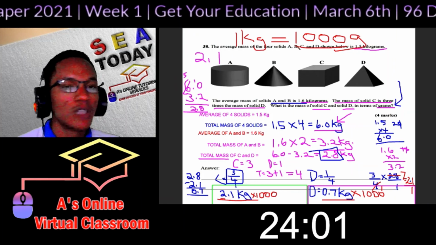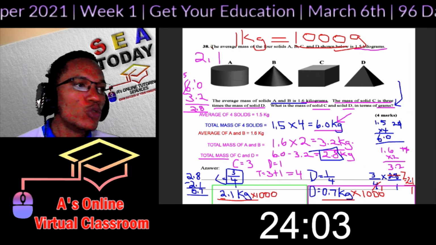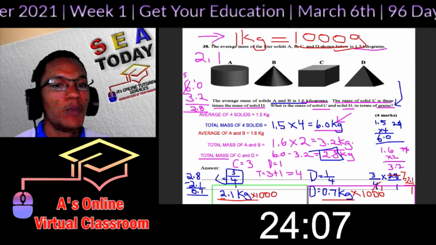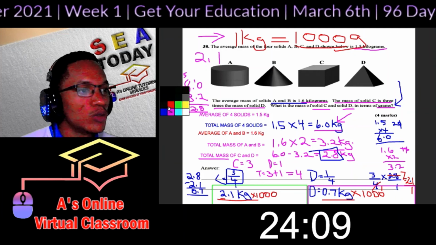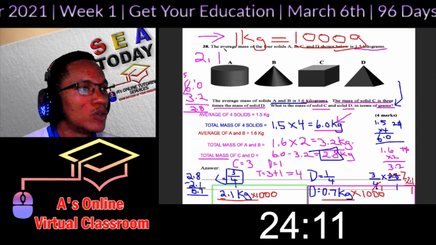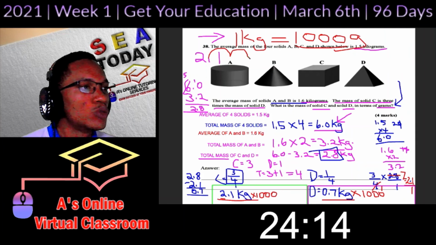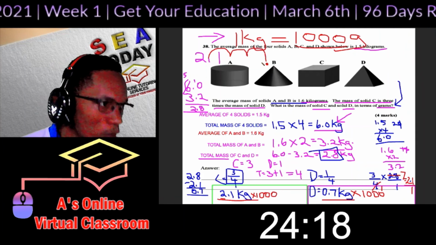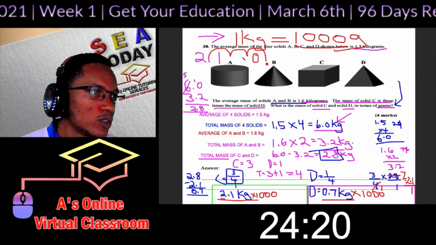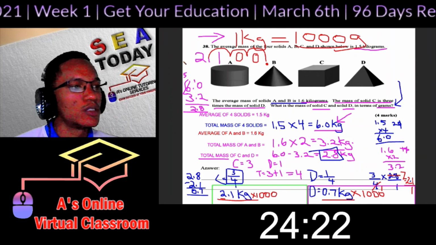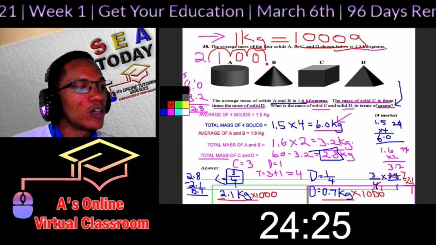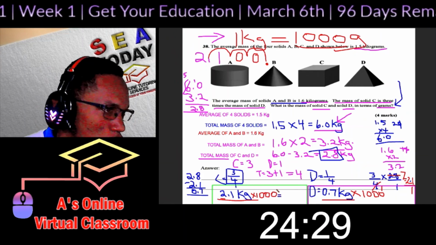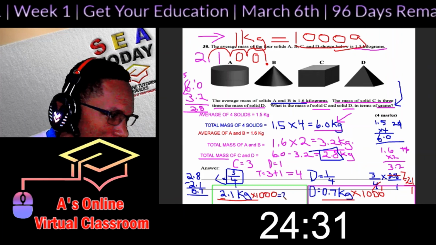And because 1,000 has 3 zeros, we want to move the point 3 times, and we're moving it to the right because we're multiplying. So we're going to go 1, 2, 3, drop down your point and add in zeros for any empty spaces. So 2.1 kilograms is equal to 2,100 grams.